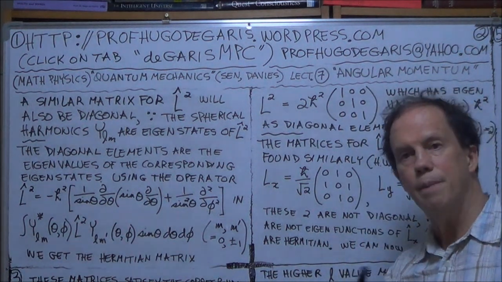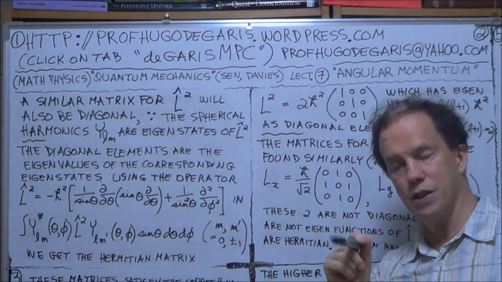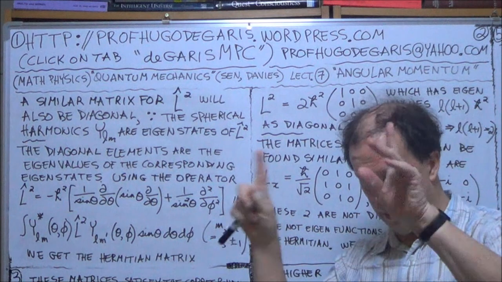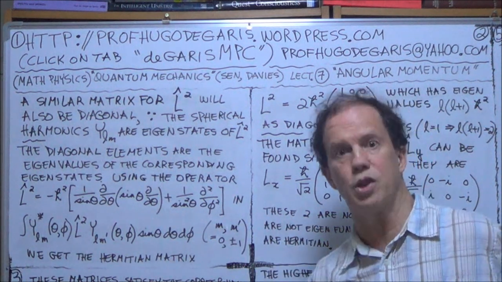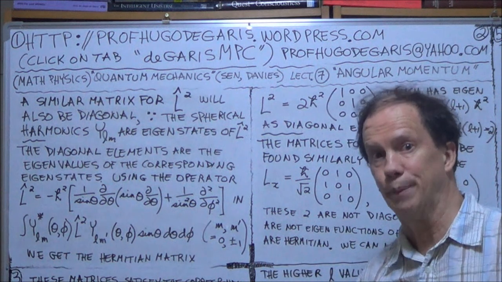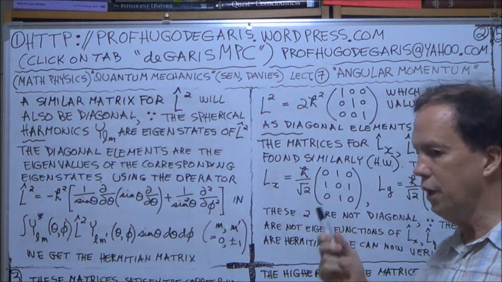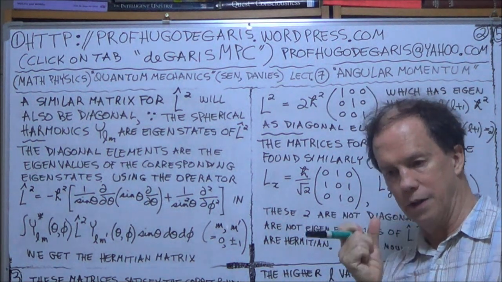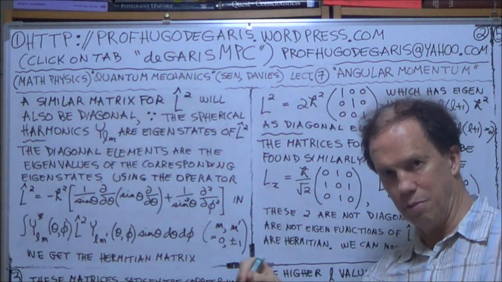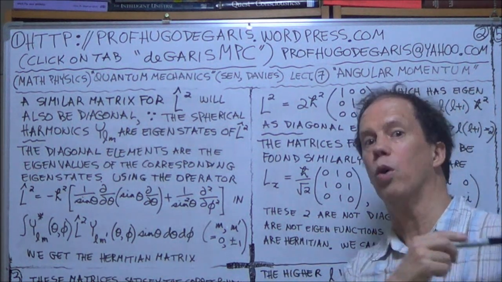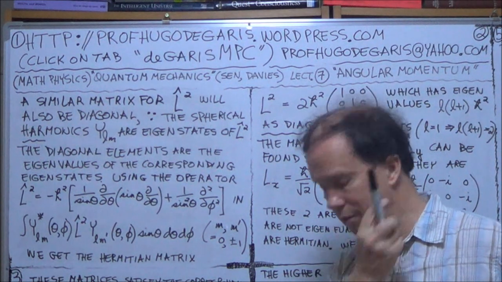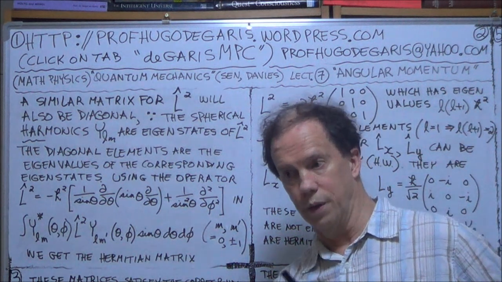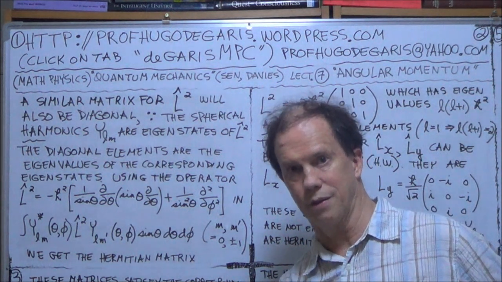You can then verify the commutation relations between Lx as a matrix and Ly, so the commutator of Lx and Ly. If you put matrices into those commutators, the answer you'll get is the matrix representation of what you got before when using operators. So they behave in the same way. You can either talk in terms of operators directly, or in terms of their matrix representations.